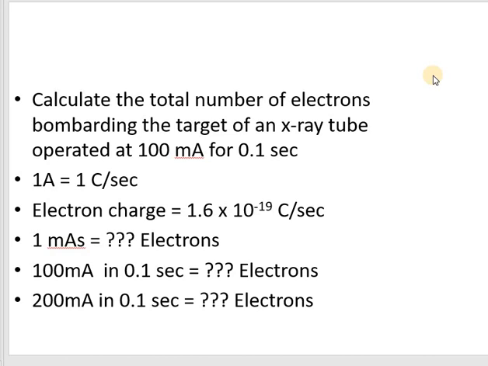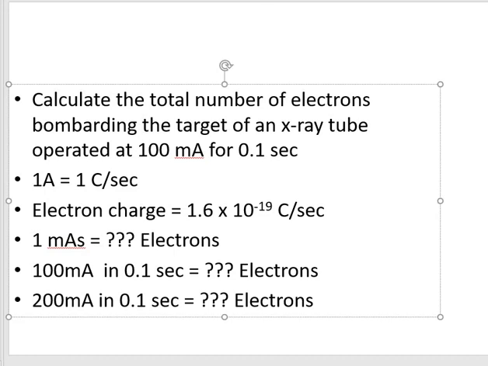So 1 ampere constitutes 1 coulomb per second. 1 coulomb is about 6.25 times 10 to the power of 18 electrons. 1 electron has 1.6 times 10 to the power of minus 19 coulombs.